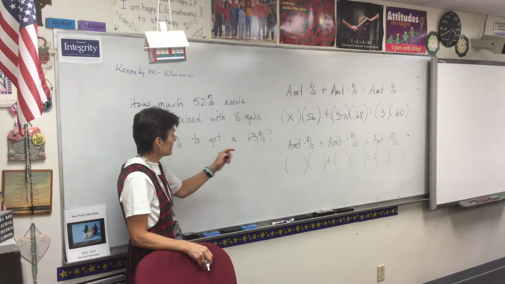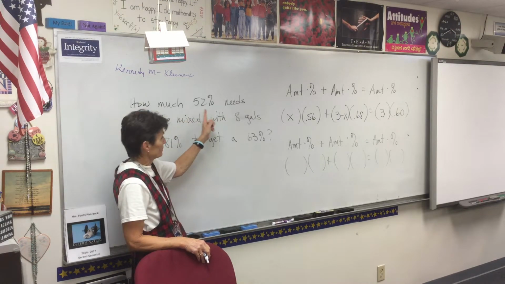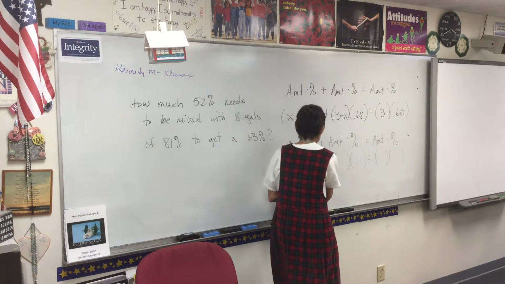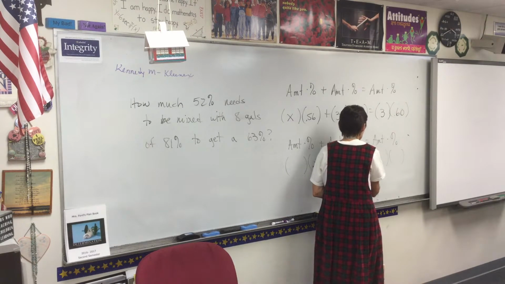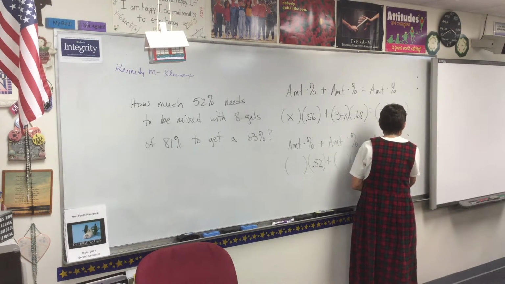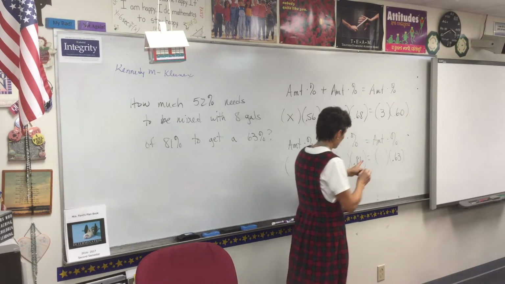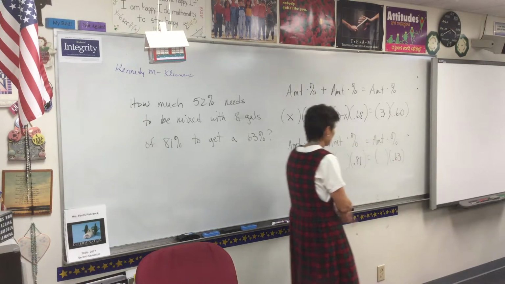So what are my percentages? Here we go. So you have 0.52. This one's going to be 0.52. 0.81. This one's going to be 0.81. And 0.63. And this is the mixture, the final mixture. It's the one that's over here all by itself. It's 63.